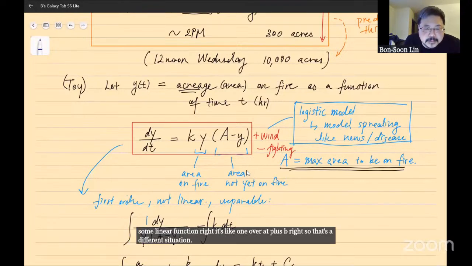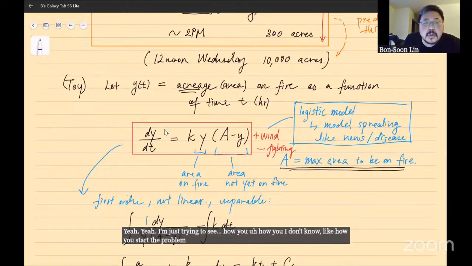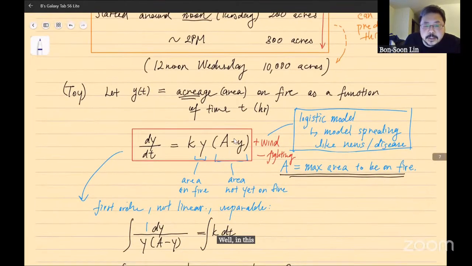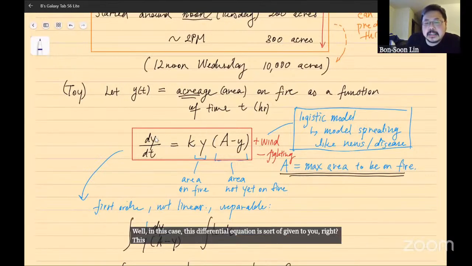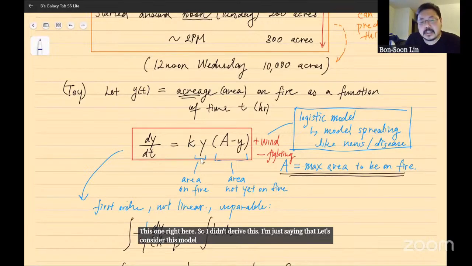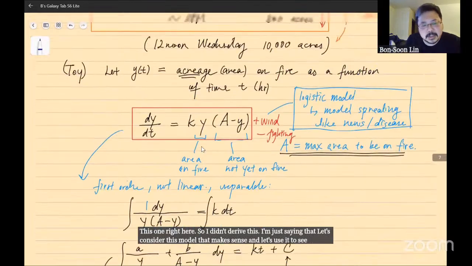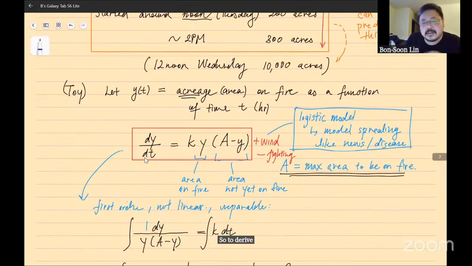I'm just trying to see how you start the problem. Well, in this case, this differential equation is sort of given to you, this one right here. I didn't derive this. I'm just saying let's consider this model and use it to see what kind of answer we get. Does that make sense? To derive or justify this is separate work, just like we did the snowfall one.